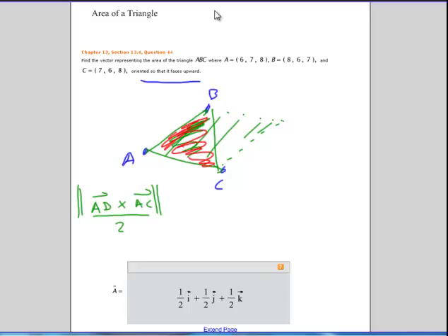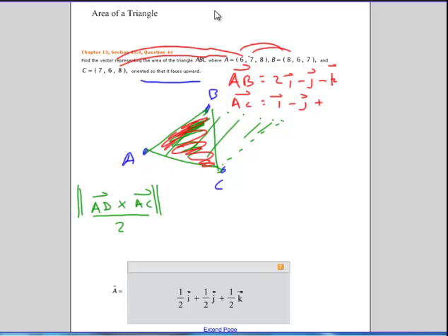So now we just need to find those vectors. AB, so from A to B, equals 2I minus J minus K, and AC equals I minus J plus 0K.